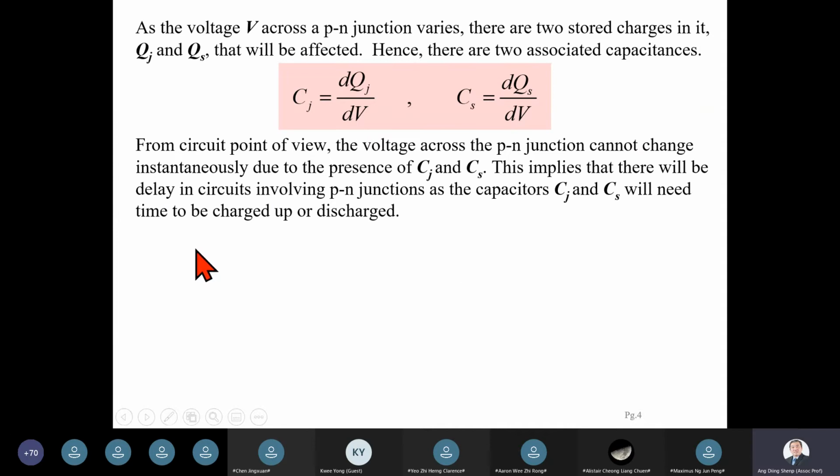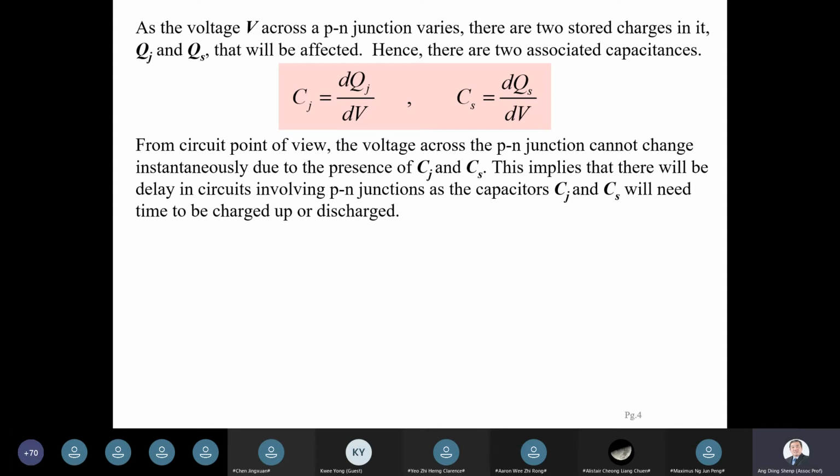Now, why is junction capacitance important? Because as I mentioned earlier, the voltage across the PN junction cannot change instantaneously. In other words, dV over dt, the rate of change of the voltage across the PN junction, cannot be infinite, because that will lead to a non-physical outcome where the displacement current is infinitely large, which is not possible.